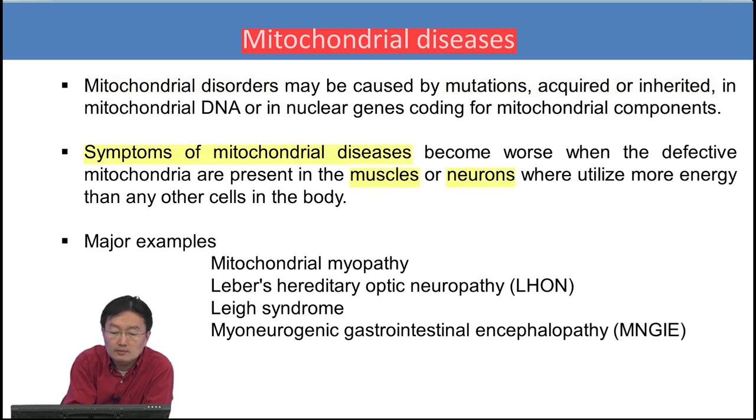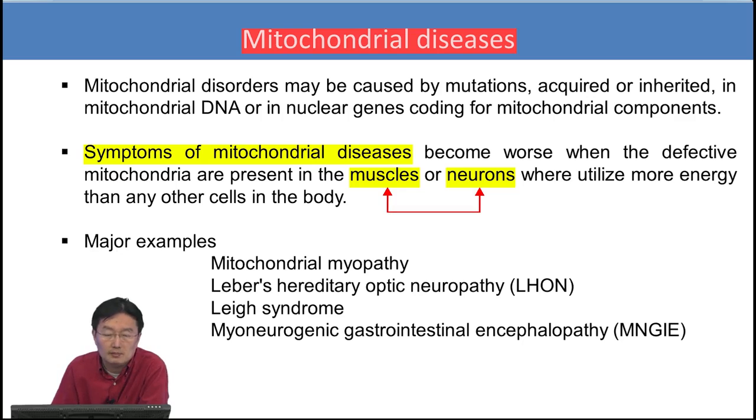The symptoms of mitochondrial diseases are quite devastating because, in particular, muscles and neurons have many mitochondria, since those two tissues require a lot of ATP molecules. So when a patient has non-functional or abnormal mitochondrial populations inside their cells, the muscles and neurons will be highly affected.